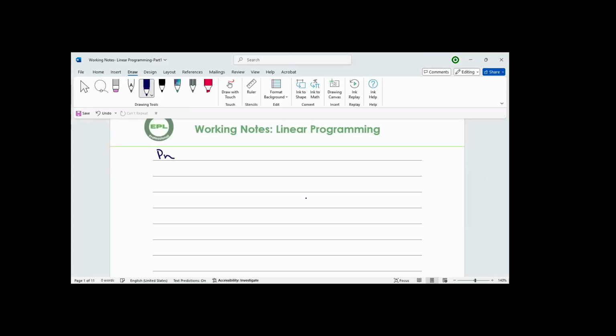Let me just put it down. Procedures involved in determining optimal production plan using the graphical method.